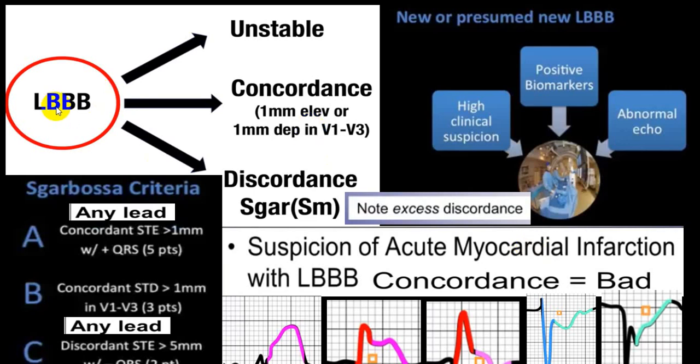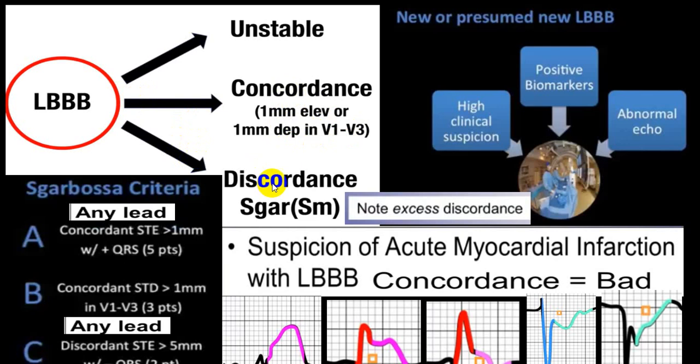So in presence of left bundle branch block with chest pain, if the patient is unstable, always rule out acute MI. If there is a concordant ST segment elevation of more than 1 millimeter, or a concordant ST segment depression in V1 to V3, this will give 5 points, this will give 3 points, straightforward in favor of acute MI.